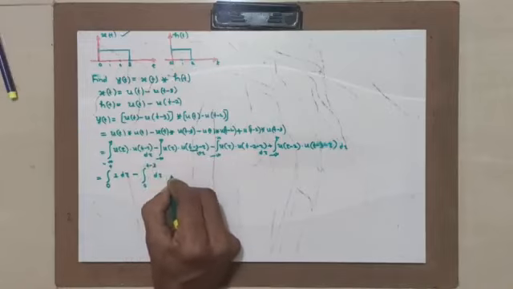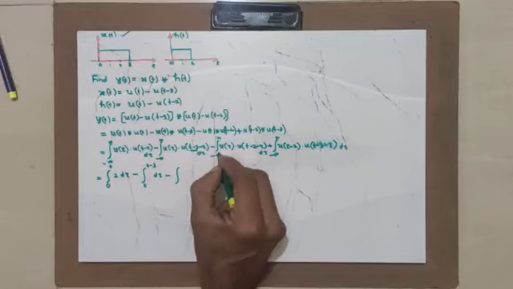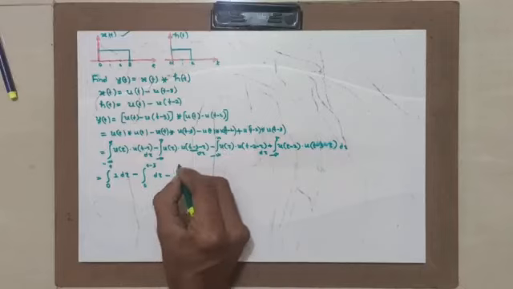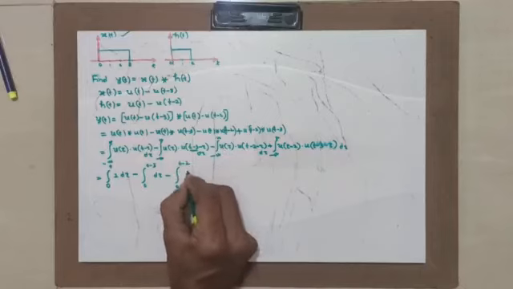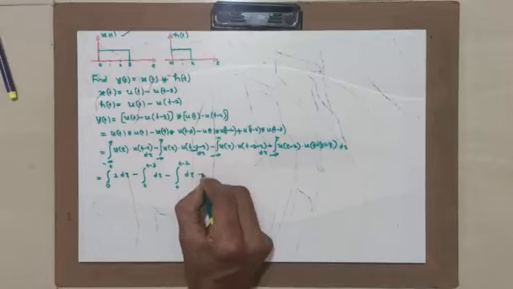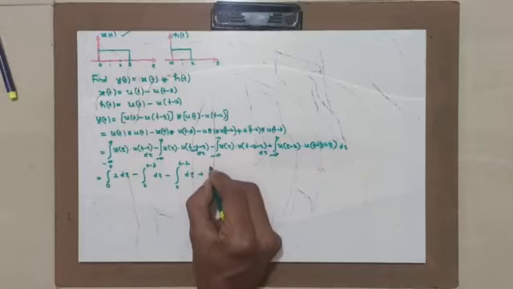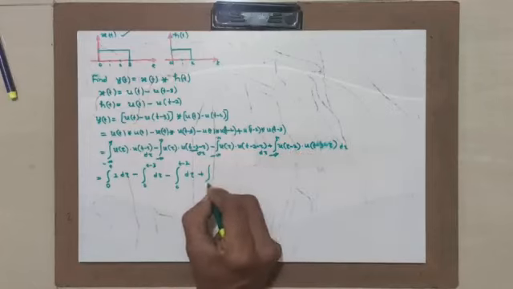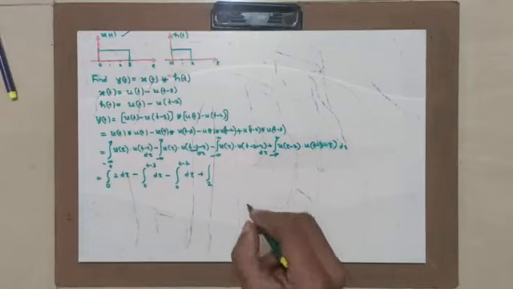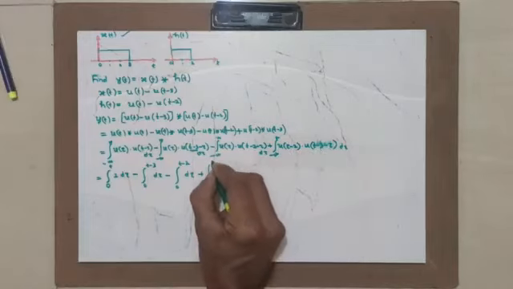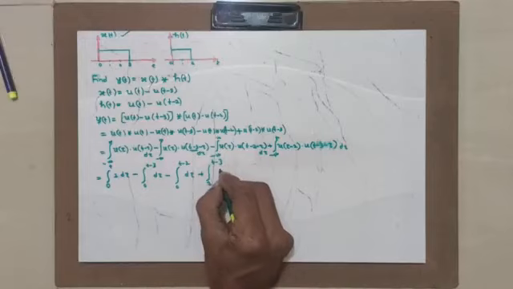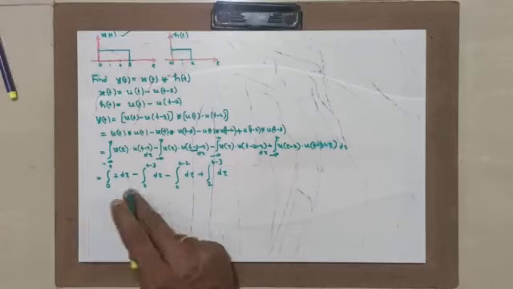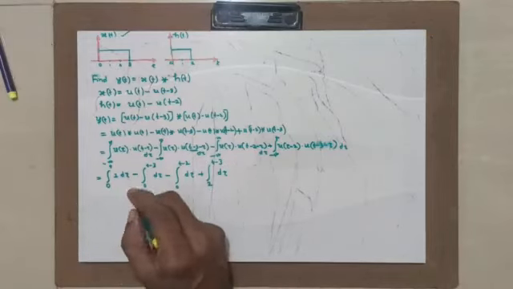Again d tau, minus, this integration starts from 0, u of tau is there, and ends at t minus 2, d tau, plus the last integration, tau minus 2 means it starts from 2, ends at t minus 3, d tau. Okay, now you have written all this. I hope you understood these concepts I have explained in class.